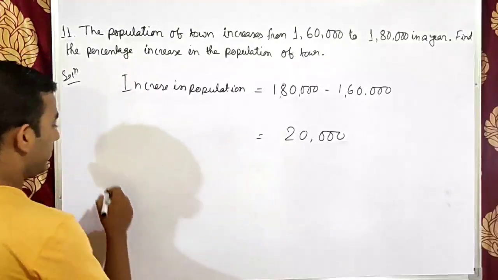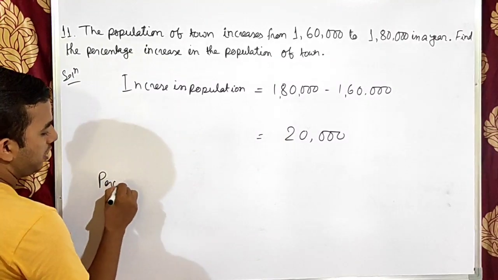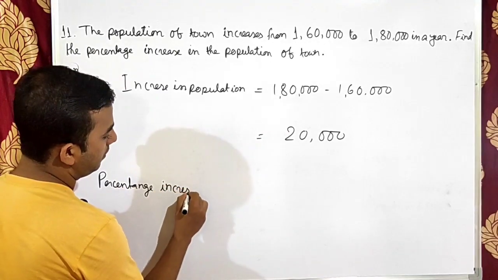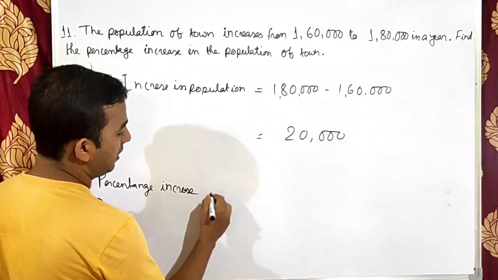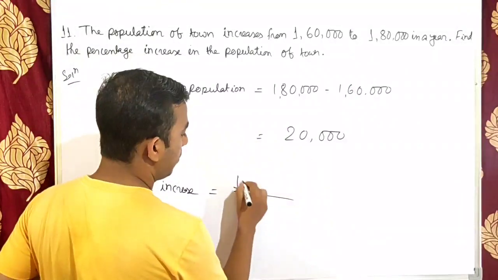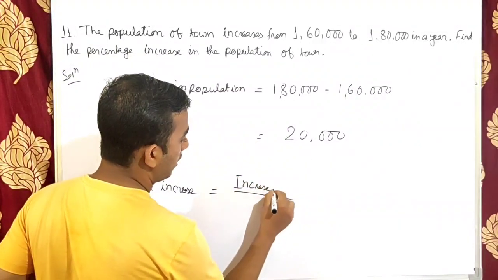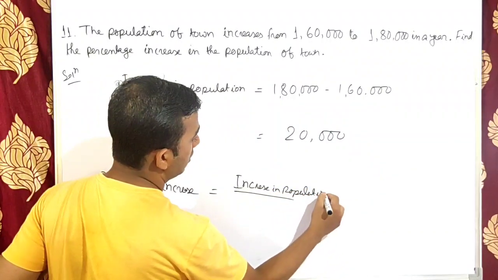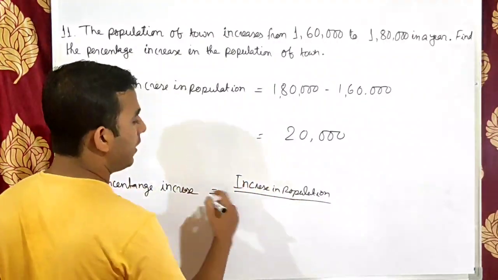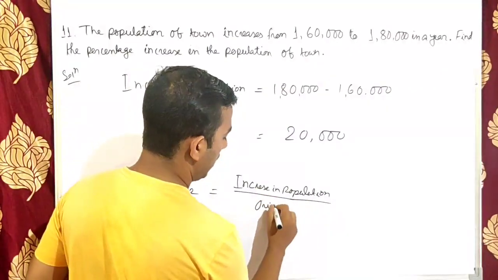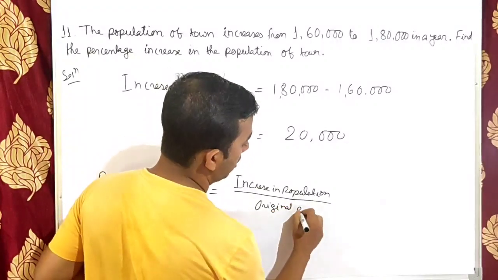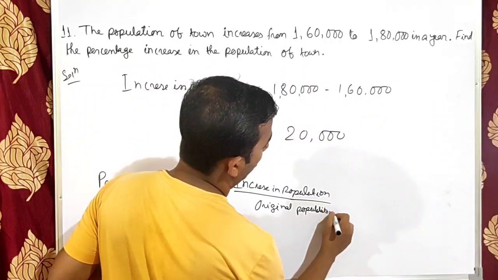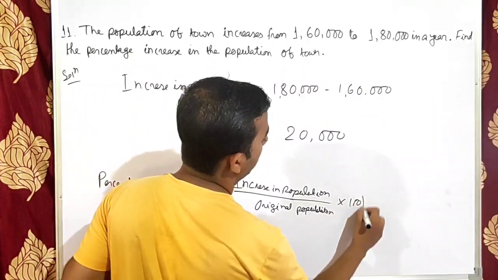So we write: percentage increase will be the increase in population divided by the original population into 100%.